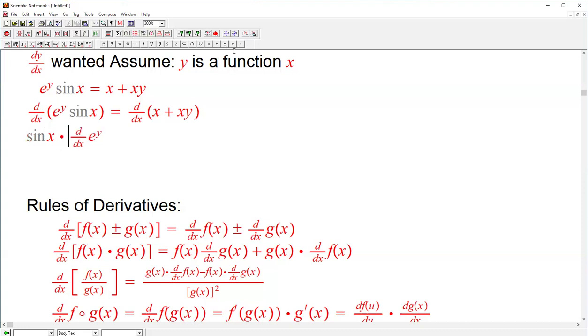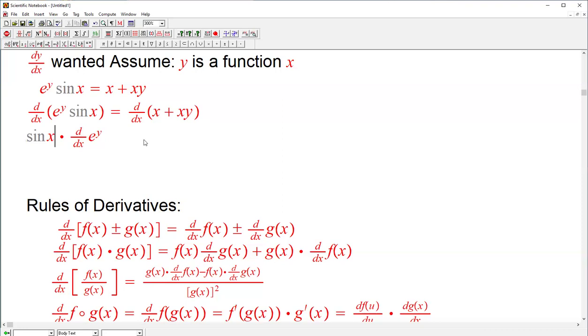Otherwise it could be viewed very confusingly. If you keep it here, it's actually confusing. Are you differentiating just e to the power y, or do you also differentiate e to the power y times sine x? So to clarify that, I'm going to put it in the front.